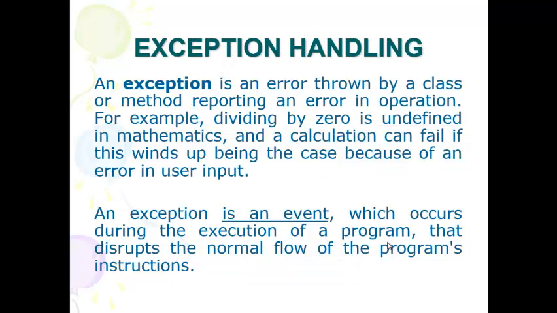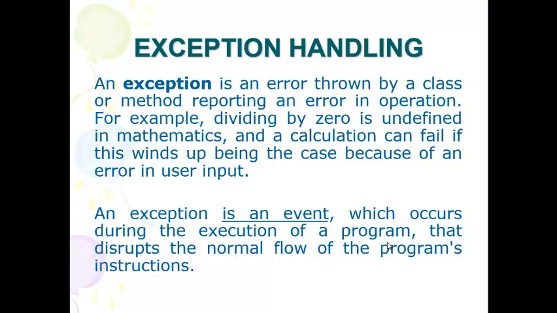Exception handling. So first, what is an exception? An exception is an error thrown by a class or method reporting an error in operation. As you can see in my first example, dividing by 0 is undefined in mathematics, and a calculation can fail if this winds up being the case because of an error in user input.